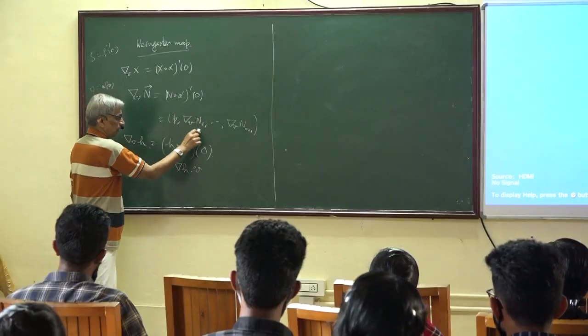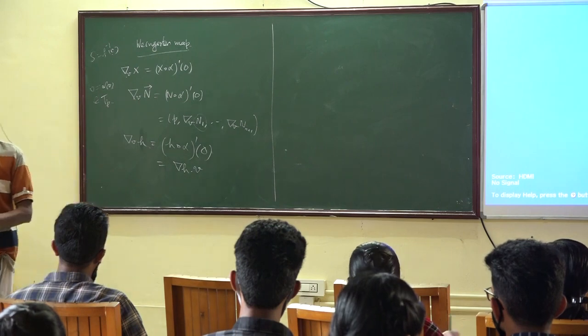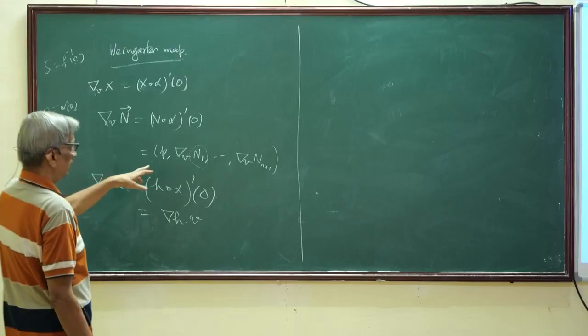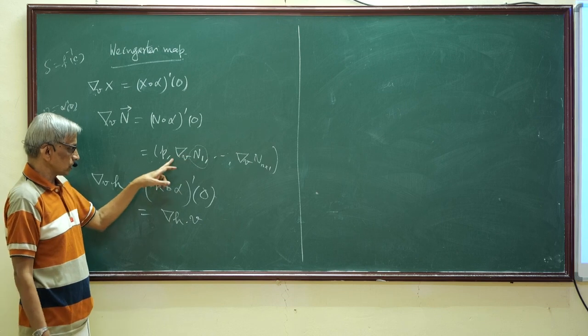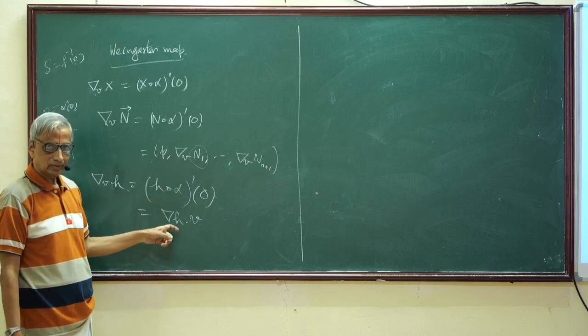So here N1, N2, N3 are all functions, right? So the derivatives of the functions in the direction of V are defined like this.